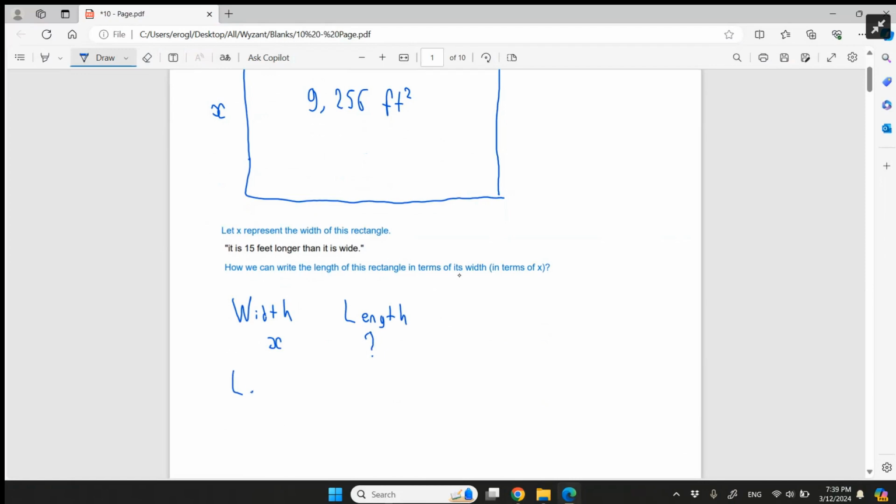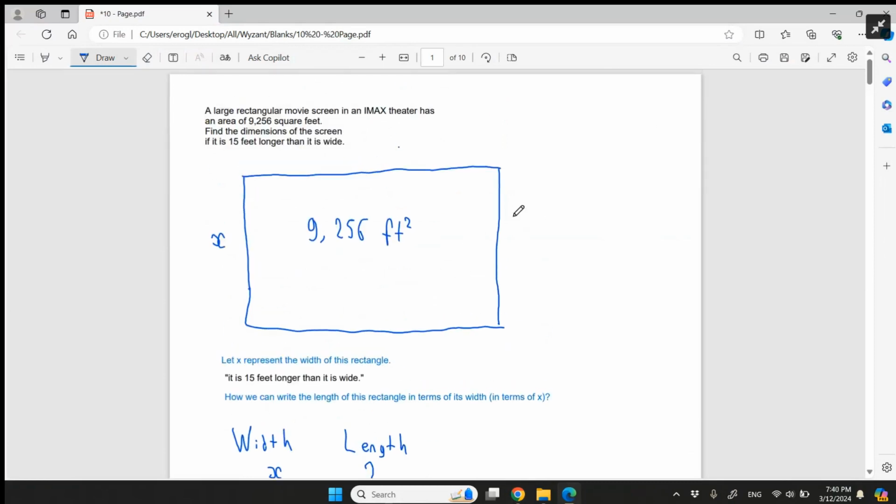Based on the sentence that it is 15 feet longer than it is wide, the length should be the width plus 15. That is, it should be x plus 15. Okay, so now we have both the width and the length of this rectangle in terms of one unknown, x.